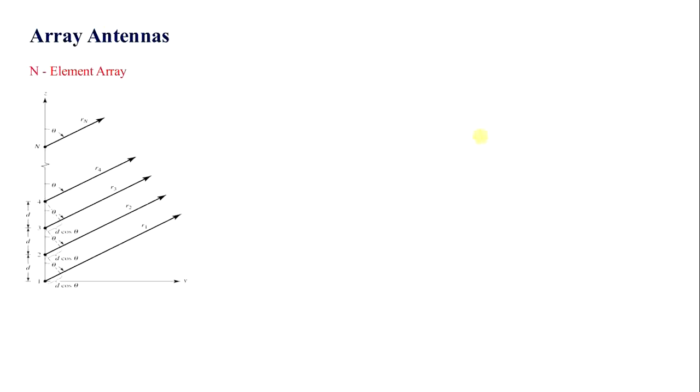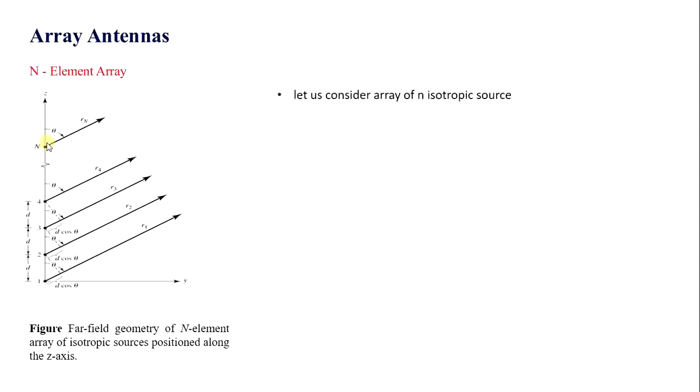So starting with today's lecture with the n-element array, consider this figure. You can see 1, 2, 3, 4 up to n, they are the isotropic sources which are placed along the z-axis to form an array.